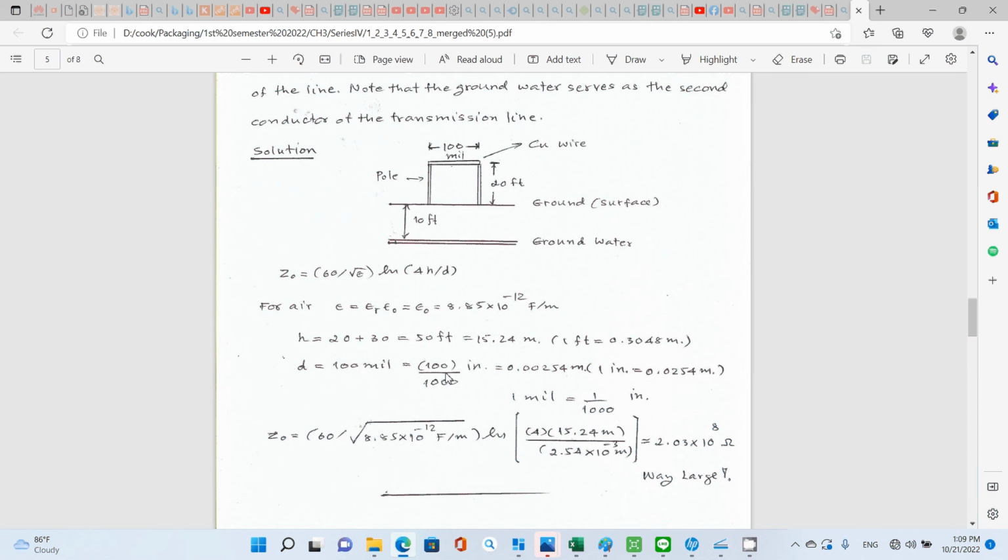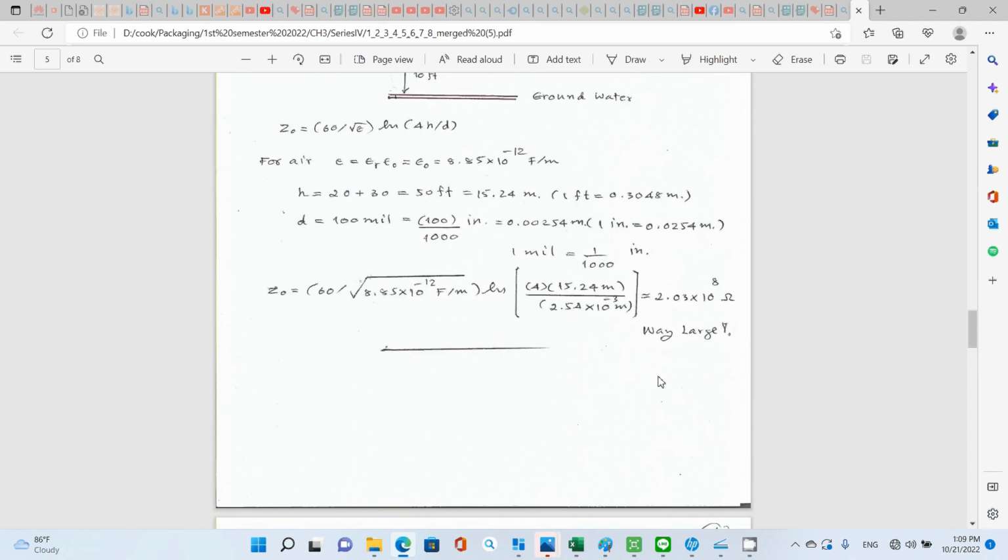And 1 mil is 1 over 1,000 inch. That gives you 0.00254 meter, because 1 inch equals 0.0254 meter. And finally, you have Z0 become 2.03 times 10 to the 8th ohm. Very large. I don't understand this one, but it's just an example.